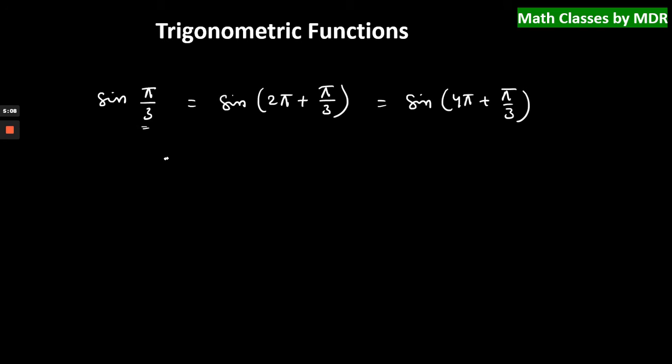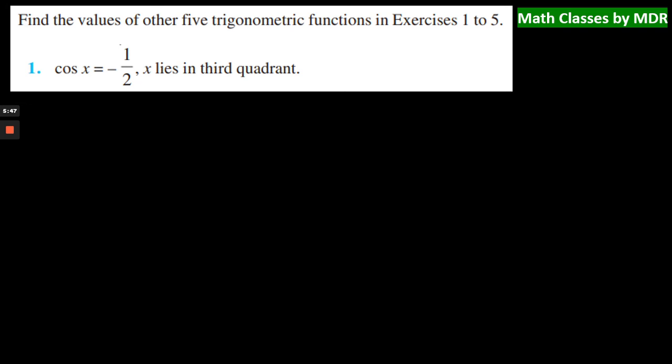So like this, any trigonometric function of 2n pi plus or minus theta will be equal to the function of plus or minus theta, where n is any integer, n belongs to integers. So this is the condition, right? The same thing is applicable for the other trigonometric functions: cos, tan, cot, cosecant, and secant. So based on these few things, we are going to solve the problems.